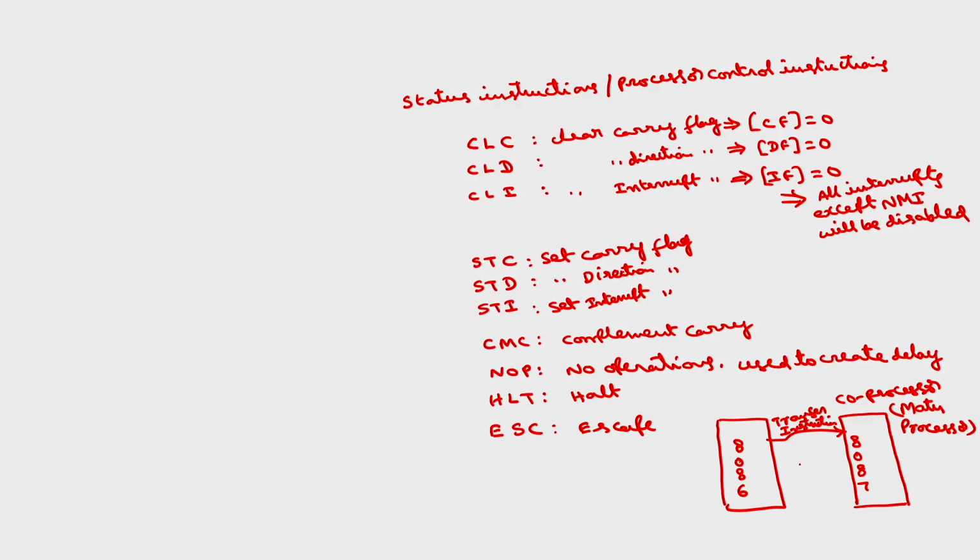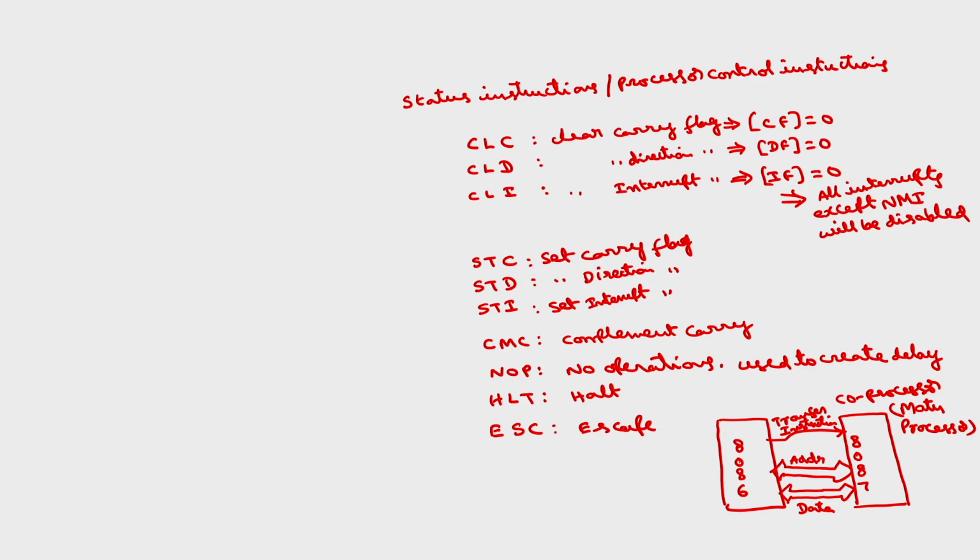This 8087 shares the buses with the 8086. Address and data buses will be shared by these two, because in order to execute this instruction, 8087 requires the buses. So the buses will be shared between 8086 and 8087, which is the coprocessor.